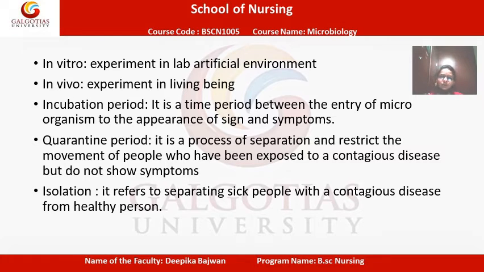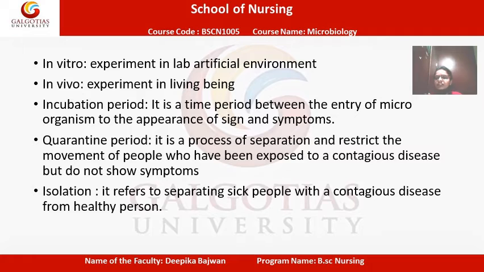Next we have the quarantine period. Recently we became very familiar with this term, quarantine, and isolation, in this pandemic. Quarantine means the separation of a person or people who have been exposed to a contagious disease.